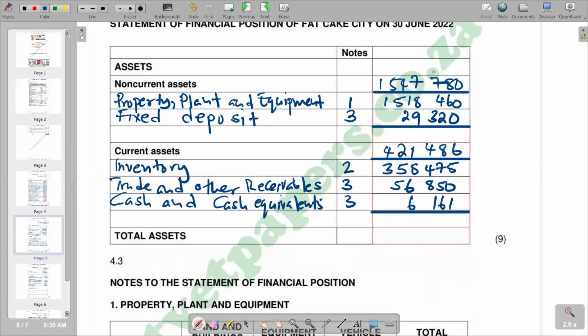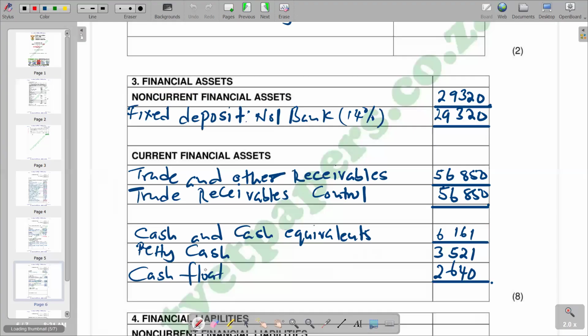And from there, you are able to get your total assets, whereby you add non-current, and you get the total for total assets as 1,969,266.